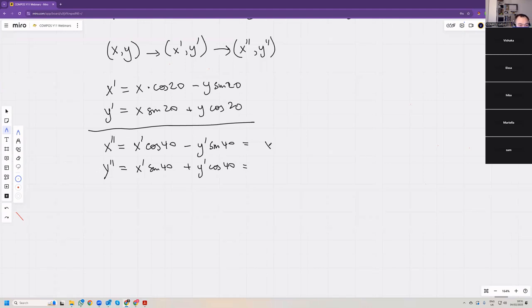It's going to be x cos 20 minus y sine 20 multiplied by cos 40 minus y dash, so x sine 20 plus y cos 20 multiplied by sine 40.